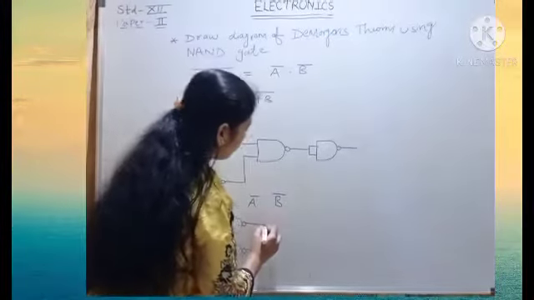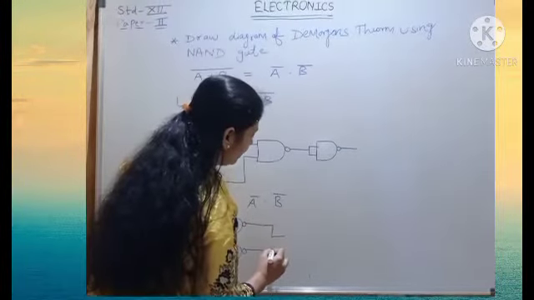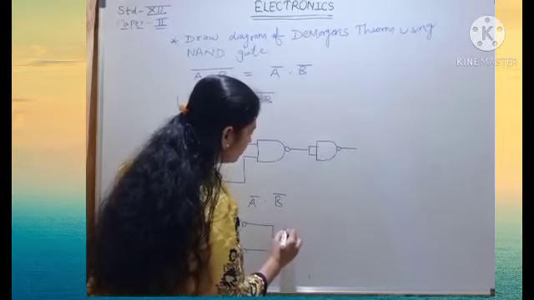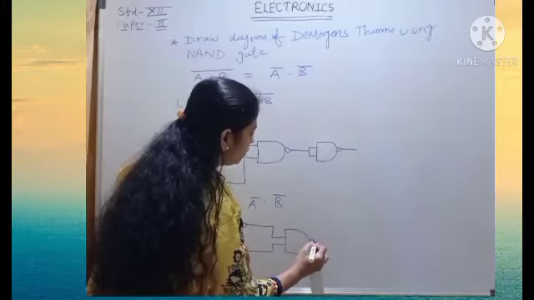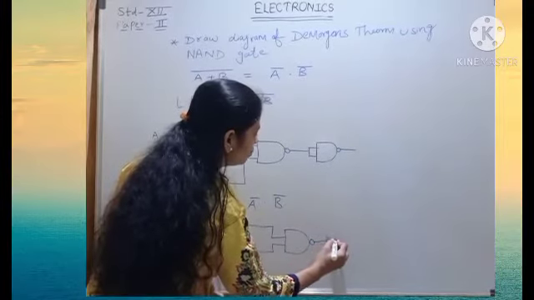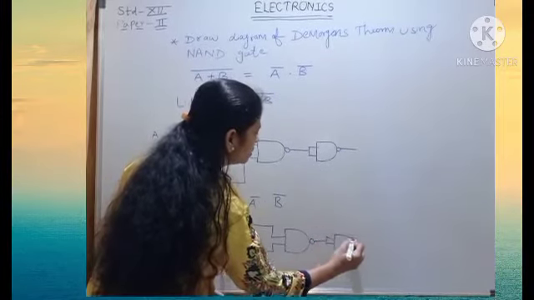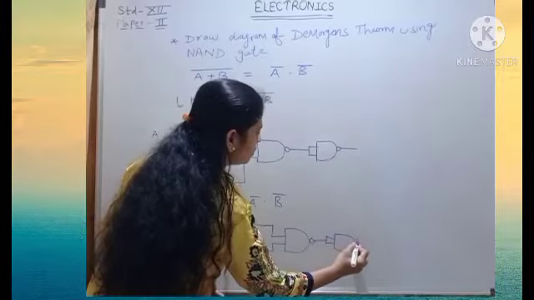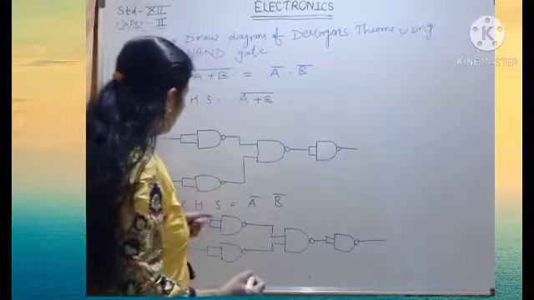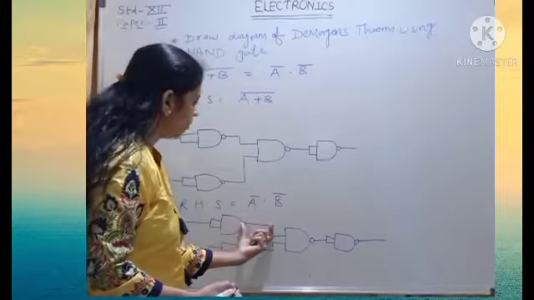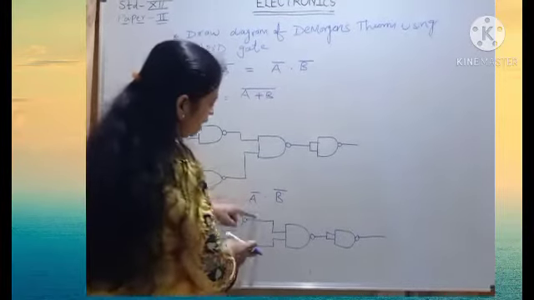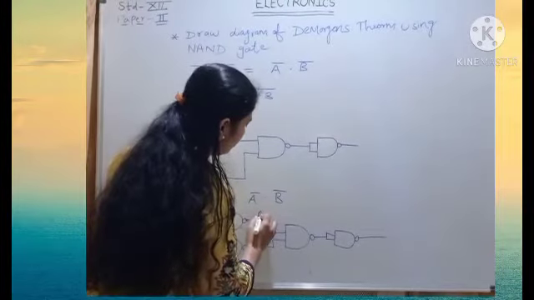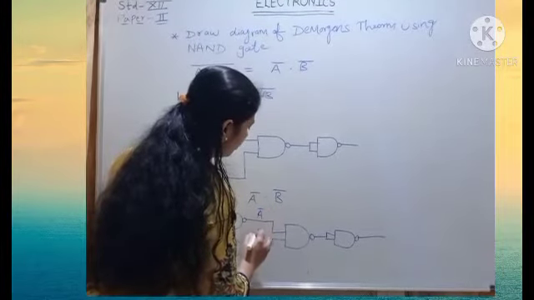So I am drawing here the diagram of AND gate using NAND gate. In our previous lecture we studied how to draw the diagram using these gates. So here I got A, here A bar, this is B, here B bar.